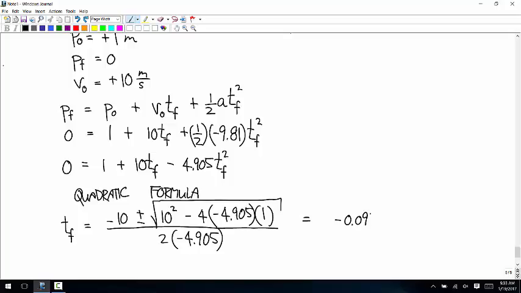And then there's going to be a positive answer, 2.134.